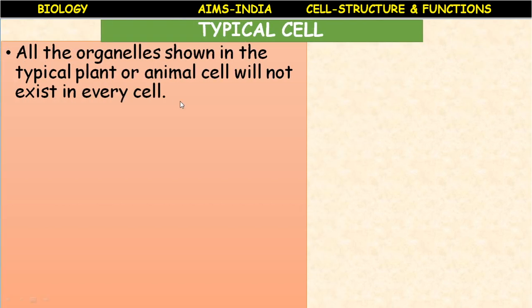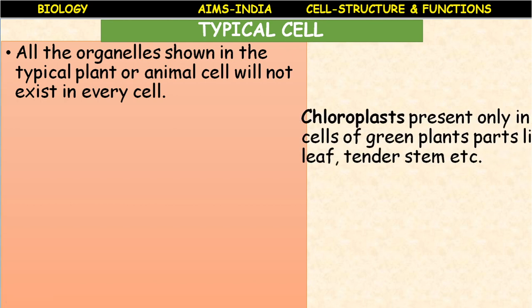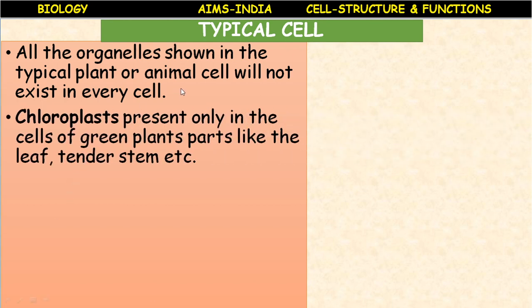All the organelles shown in the typical plant or animal cell will not exist in every cell. Whatever organelles are present in a plant cell or animal cell, they are not present in all cells.